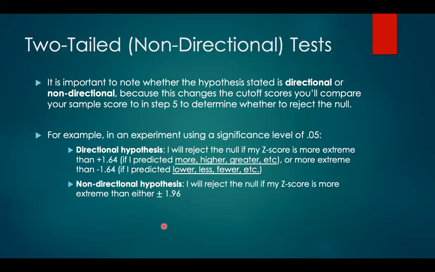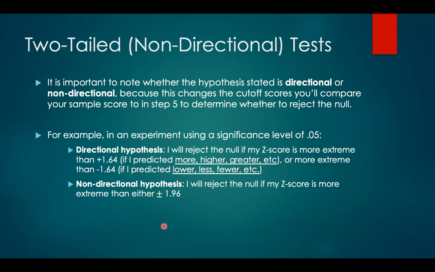For example, in an experiment using a significance level of 0.05, with a directional hypothesis, I will reject the null if my z-score is more extreme than positive 1.64, if I predicted more, higher, or greater scores in my alternative distribution, or more extreme than negative 1.64, if I predicted lower, less, or fewer scores in my alternative distribution as compared to that null distribution.